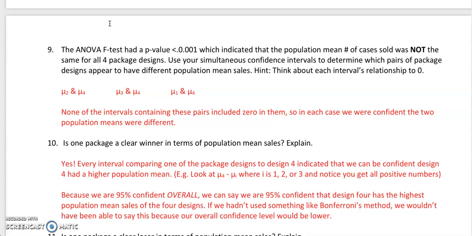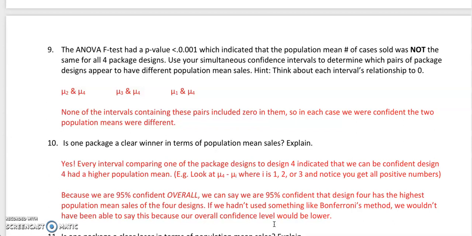If I hadn't used Bonferroni's method, if instead I had just made 6 different 95% intervals, my overall confidence would be a lot lower than 95%. And if I tried to go to the company that made the cereal and say, I made 6 95% intervals, I think design 4 is the best, I might only be something like 70% confident when I told them that. Because I used Bonferroni's method, I can be 95% confident that design 4 has the highest population mean sales.